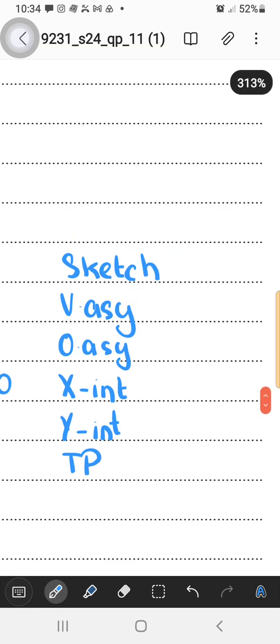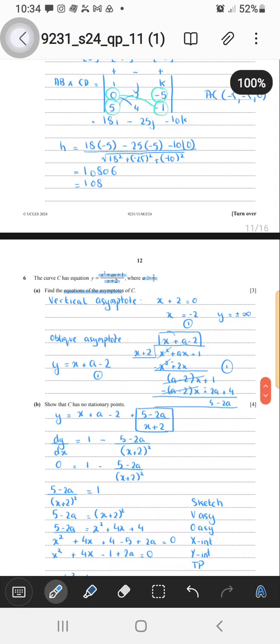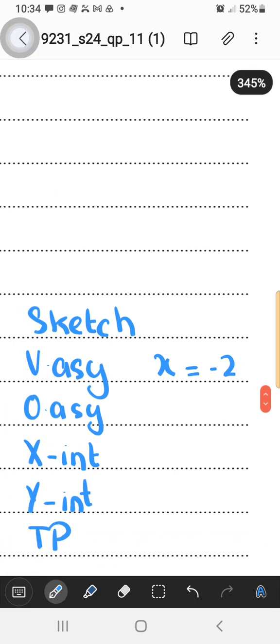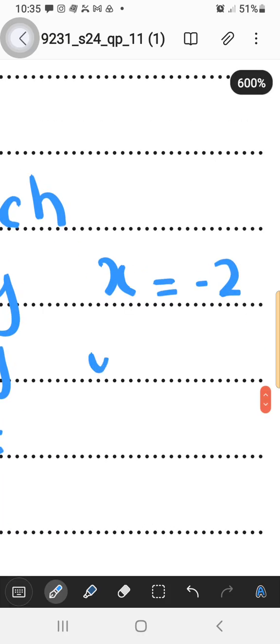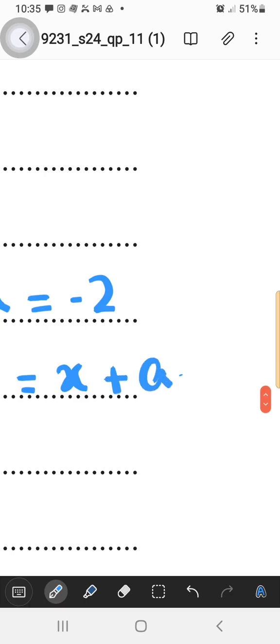So, vertical asymptote. What is the vertical asymptote in this case? Vertical asymptote is x equal to -2. And oblique asymptote is y equal to x plus a minus 2.